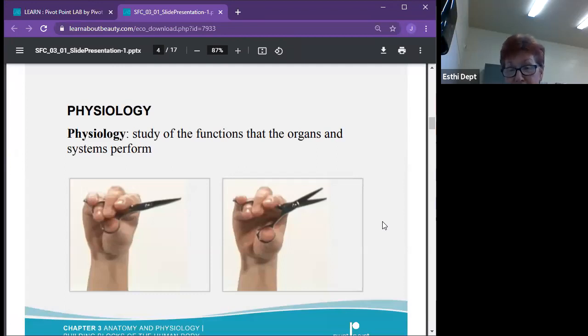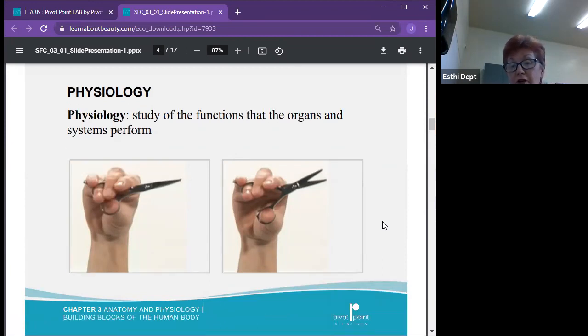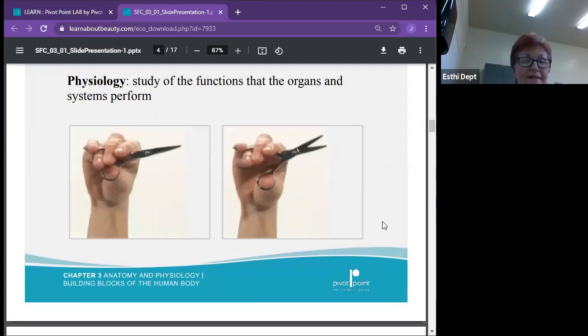So I always remember that physiology was the functions of those. So you have to write it as the study of the functions of the organs and systems in performing. On these pair of shears, they open and close, correct? That's its function, and then it cuts hair when it's open.